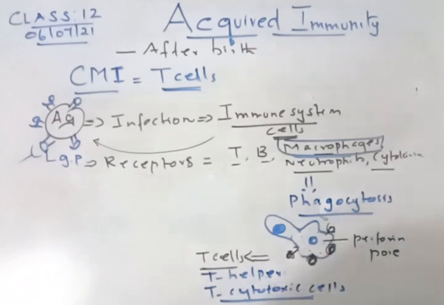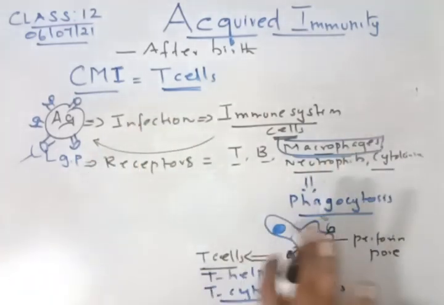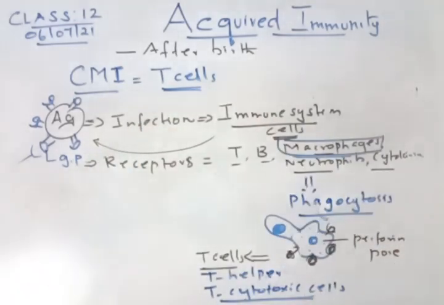Through the pore, water is allowed to enter inside. The water enters and the cell swells. When the cell is swelling, it will burst and the entire infected cell is ruptured. That is what cell mediated immunity is. There is no antibody involved. So far we have not studied antibodies.